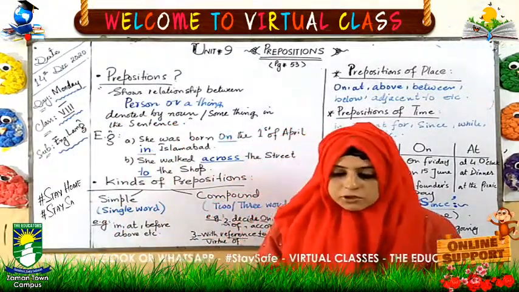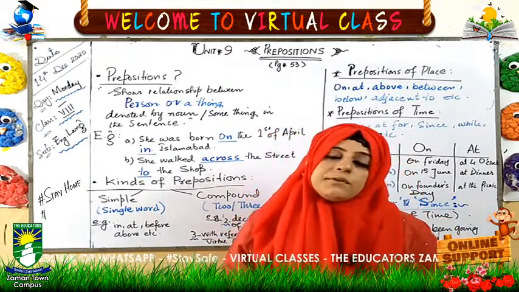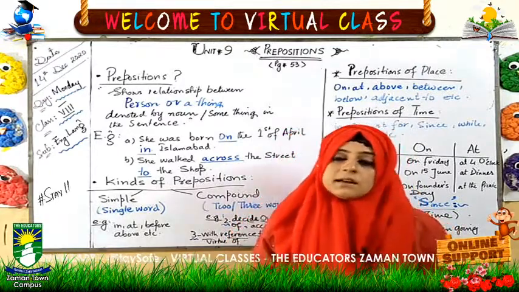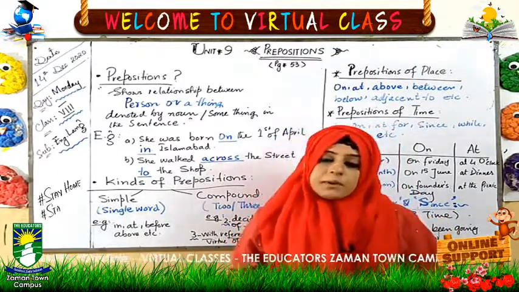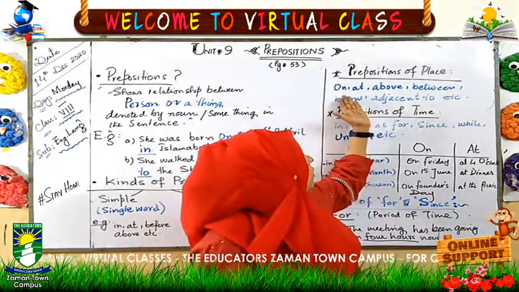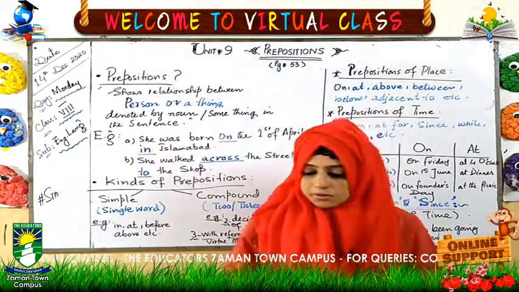Use prepositions of place to fill in the blanks in the following sentences. Here we have to use prepositions of place particularly for filling the blanks. Now, number one. As we have learned, prepositions of place can be on, at, above, between, below, adjacent to, right after, like this. Okay.